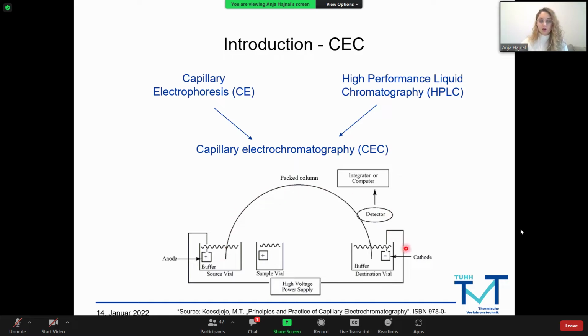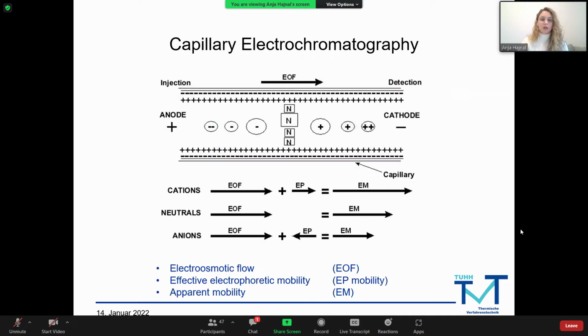So this is how the system practically looks like.